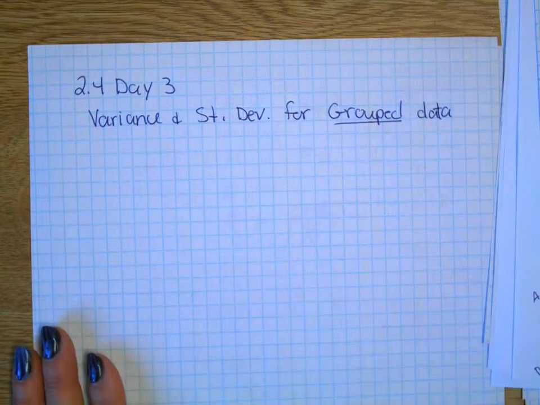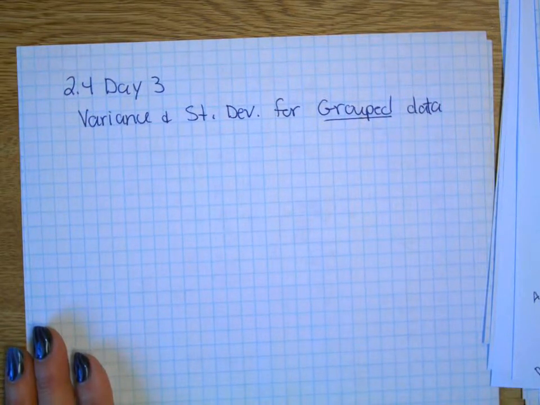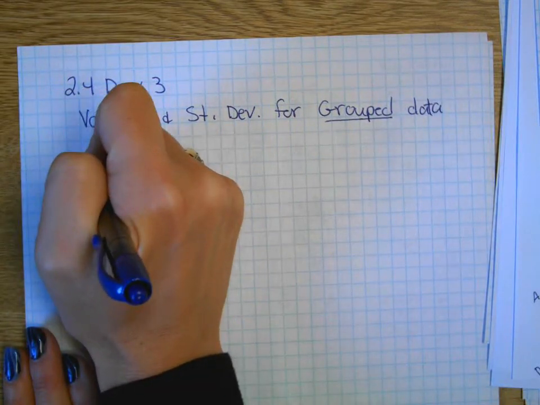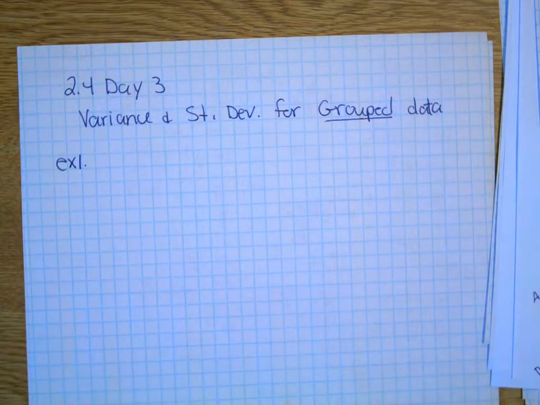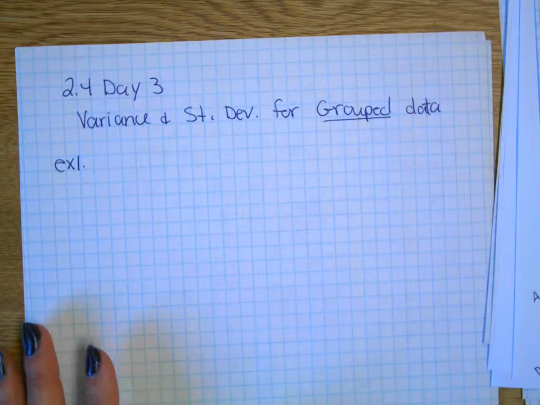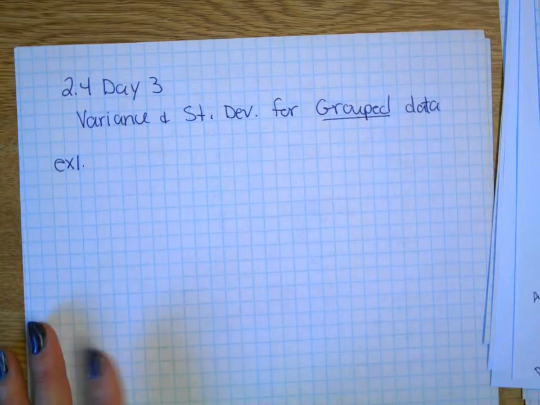So, we're just going to jump right into an example. We did mean for grouped data. Remember, it was an estimate because we didn't have all the actual data values and we just used midpoints. But this one we actually have the values. So it's going to be two ways to do it.